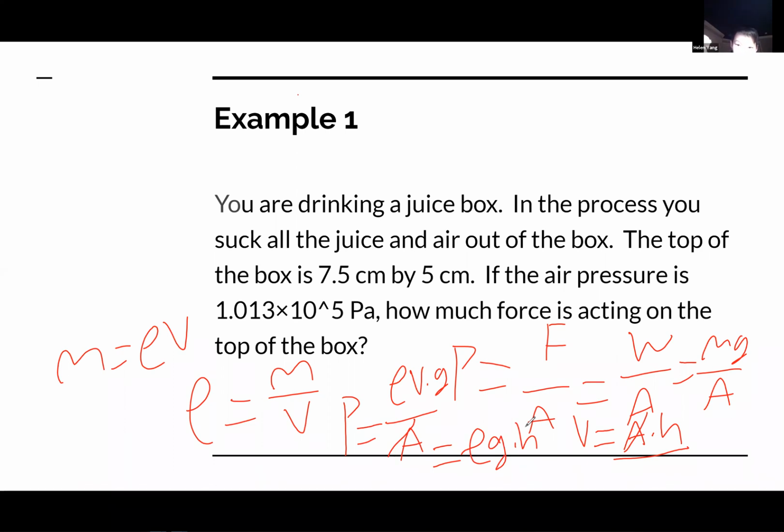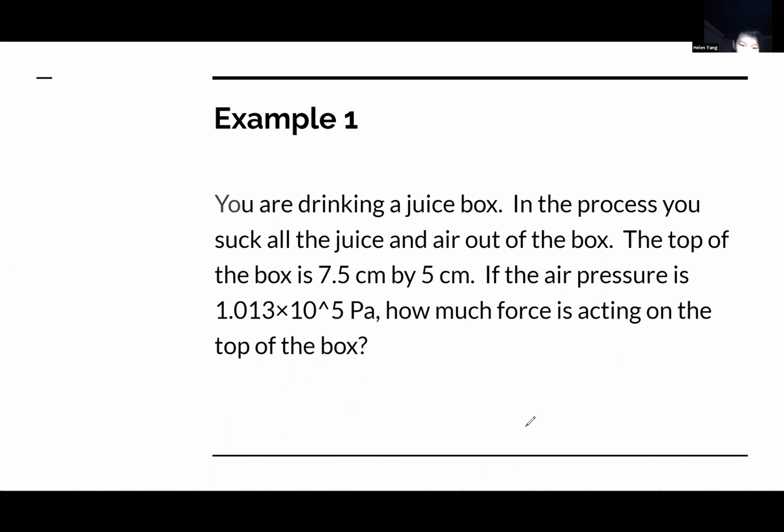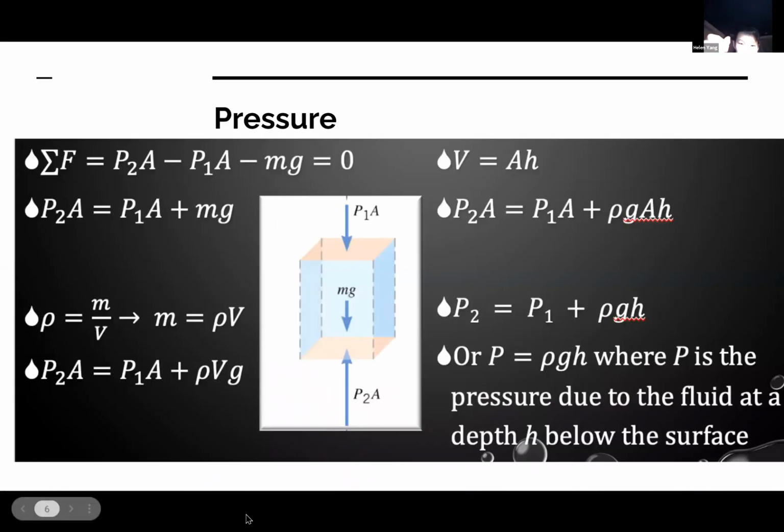Okay. So this is the pressure if two pressures are acting on a box. You can see in this picture, there's a force going downwards, and because pressure is equal to force over A, so this would be the force. And there's a force going up, and there's also the weight going down.